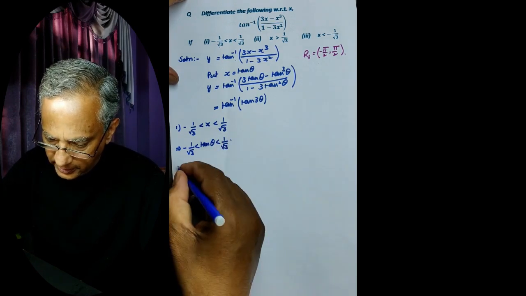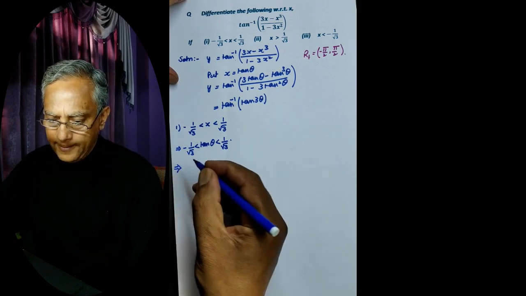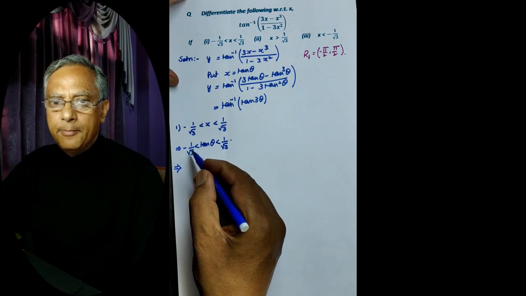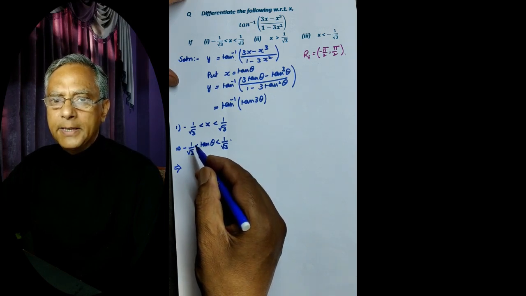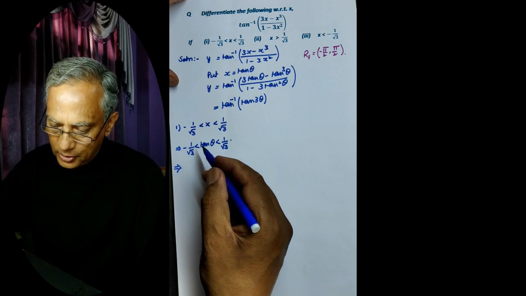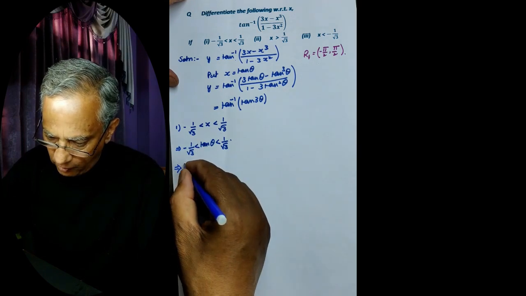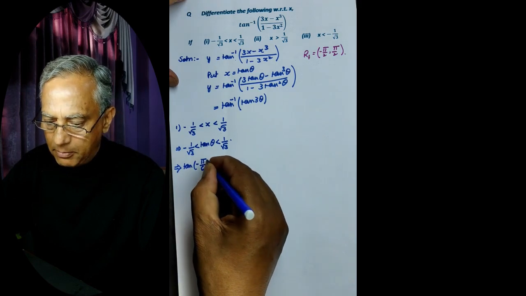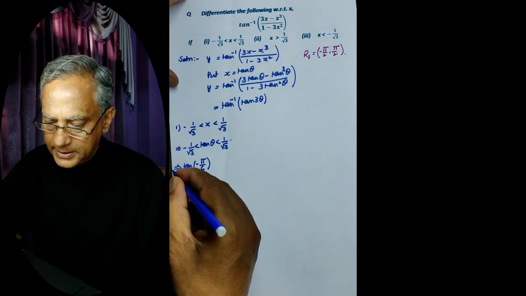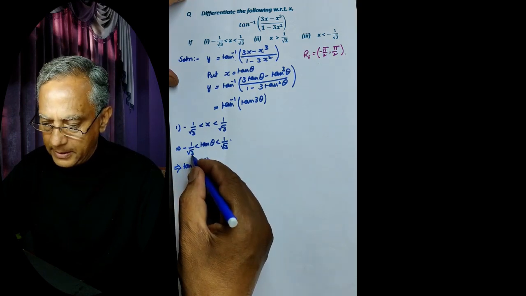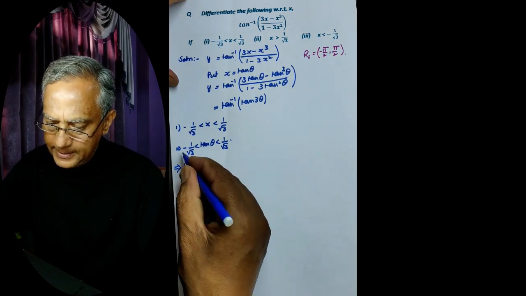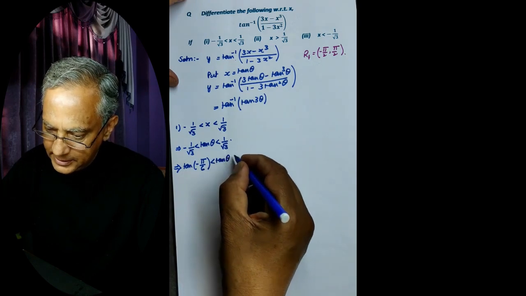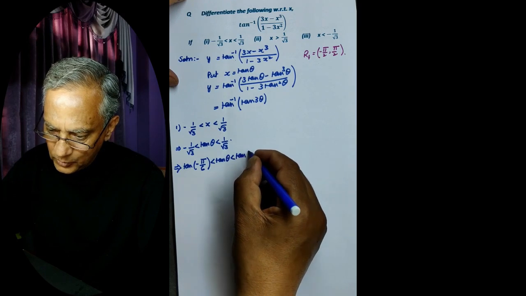Now tangent of theta is 1 by root 3 means theta must be pi by 6. Tangent of pi by 6 is 1 by root 3. Tangent of minus theta is minus tangent theta, so tangent of minus pi by 6 will be minus 1 by root 3. So tangent of minus pi by 6 is less than tangent of theta is less than tangent of pi by 6.